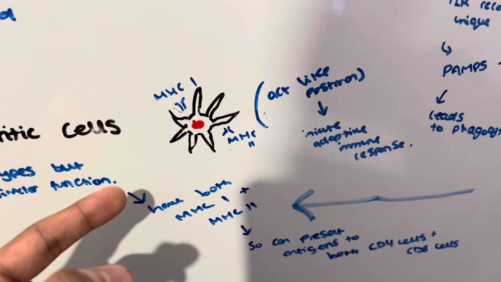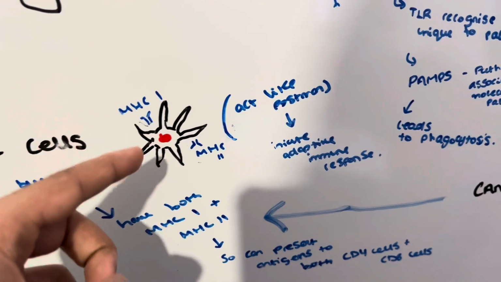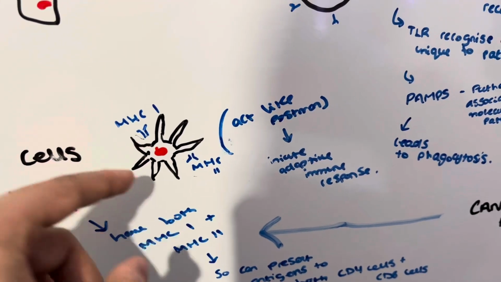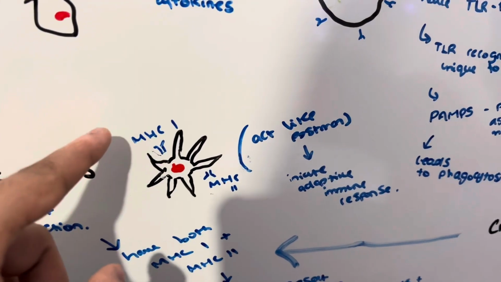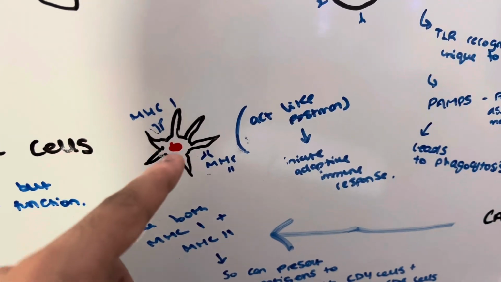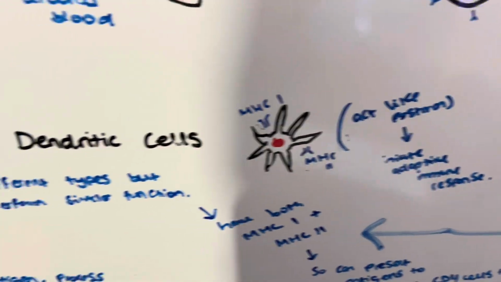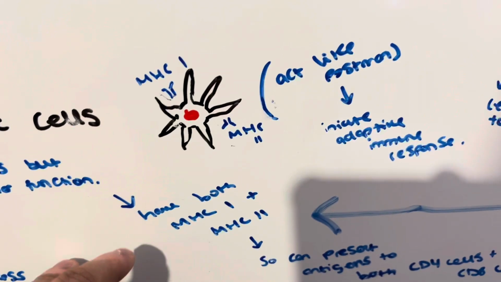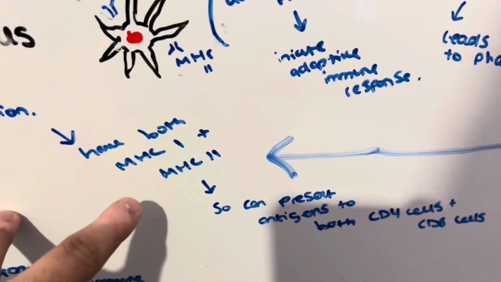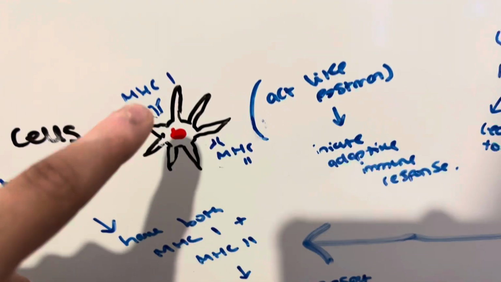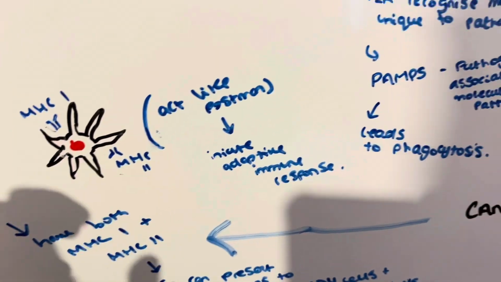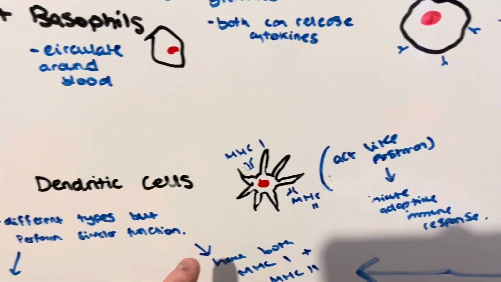The dendritic cell would take up the antigen of it, process it, and then present it on its cell membrane. Dendritic cells have both MHC class 1 and MHC class 2 receptors on their membrane. The main thing to know is that dendritic cells act like a postman.